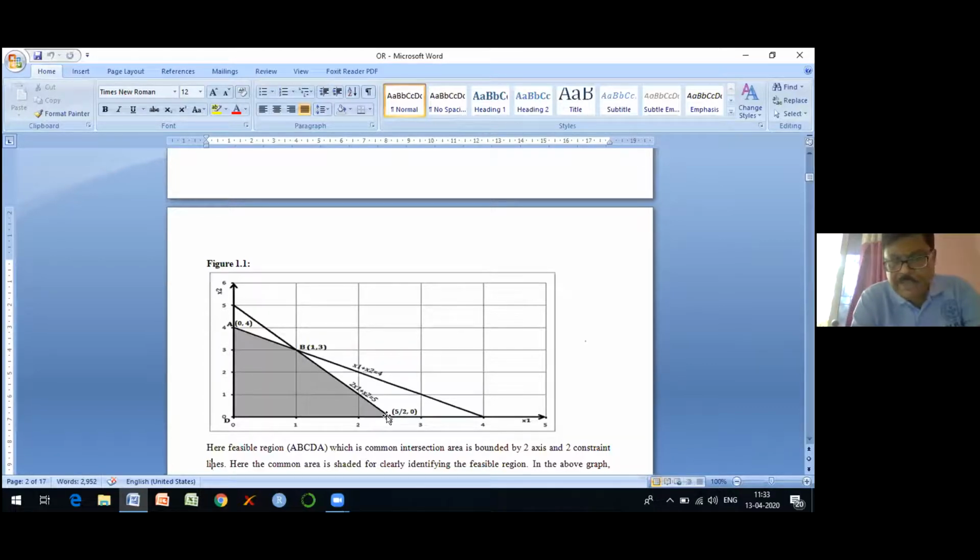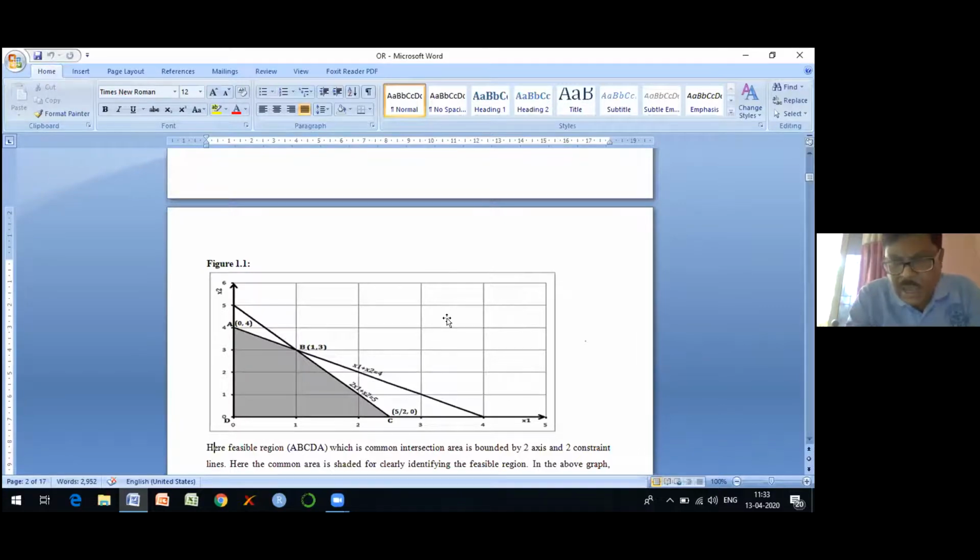And another point is (0, 5). So this is the 0. Now we'll move along the y-axis: 2, 3, 4, 5. So if we get 2 coordinates, then you can easily draw a straight line. Now here we have drawn this straight line, right? And this is C, and suppose this is M. You can write here M also. So we have got one straight line, that is MC, right?